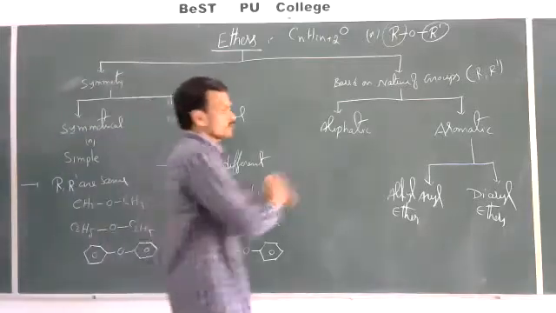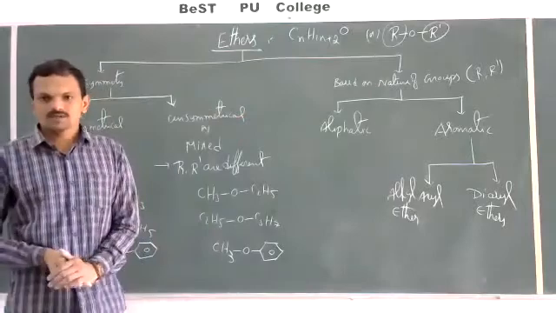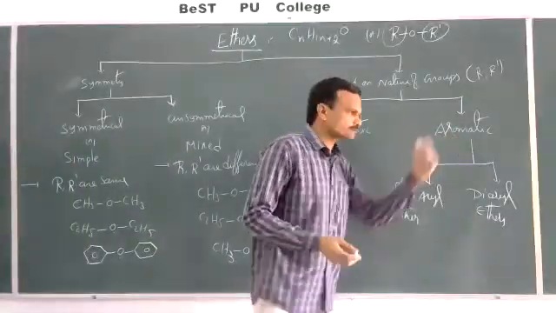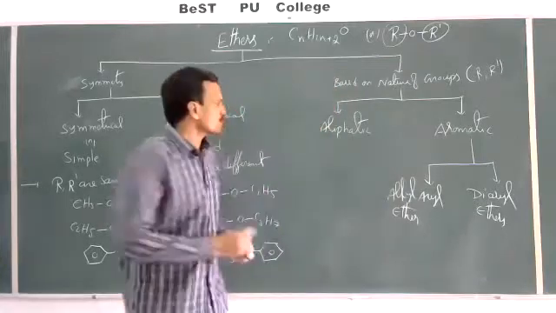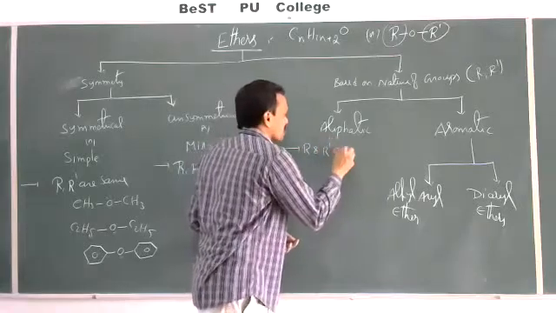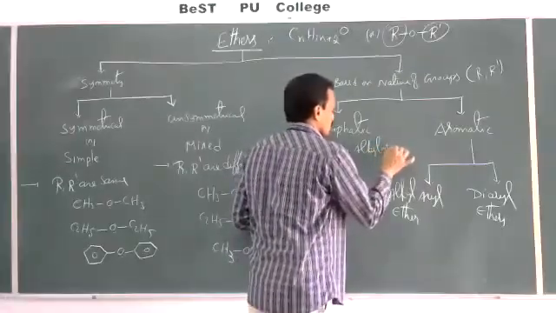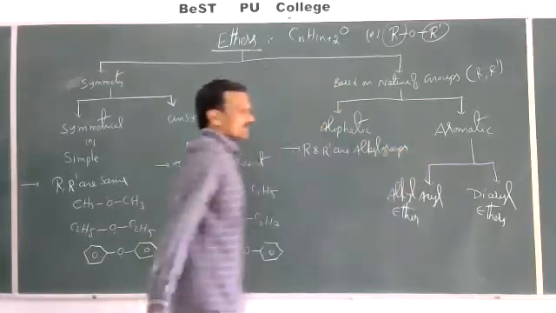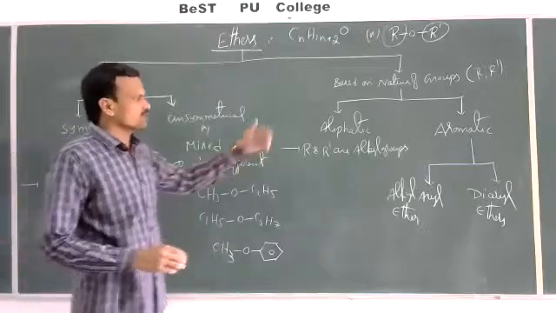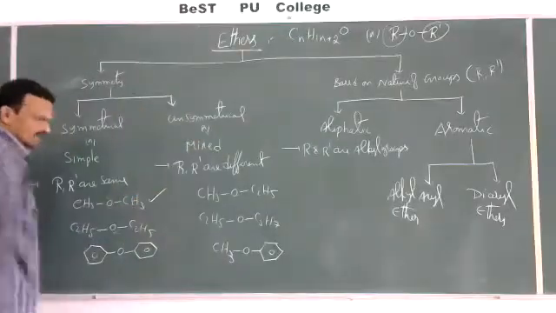This is one classification. Now come to another one, based on the nature of the groups. Based on the nature of the groups, these are classified as aliphatic ethers and aromatic ethers. See now here, if both R and R dash in a given ether are alkyl groups, then it is called an aliphatic ether.